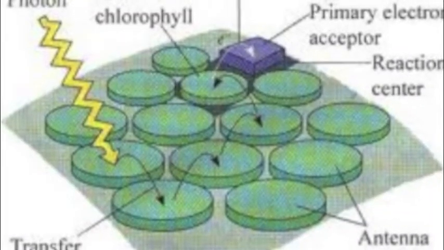Primary electron acceptor. A molecule that receives or accepts electrons from another molecule during a redox reaction. Chemiosmosis. It is the diffusion of hydrogen ions, protons, across the biological membrane via the ATP synthase, due to a proton gradient that forms on the other side of the membrane.